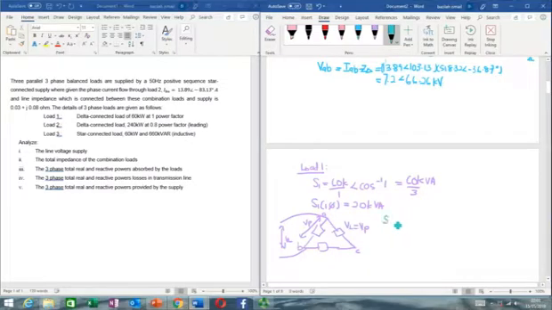Alright, so S equals V squared over Z conjugate. Since we have the information for S and V, we can easily calculate with this equation. V is 7.2k, squared, divided by S. Don't forget Z conjugate.